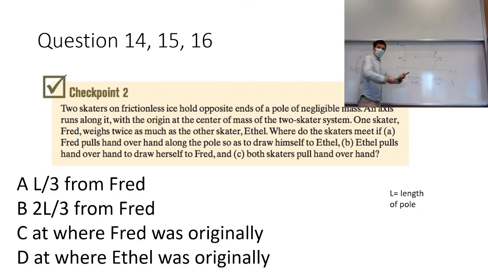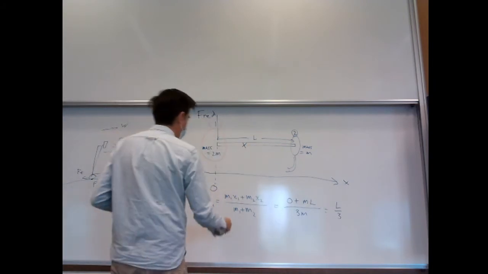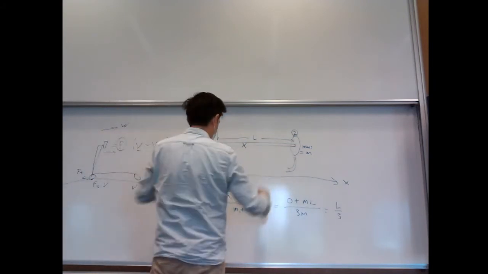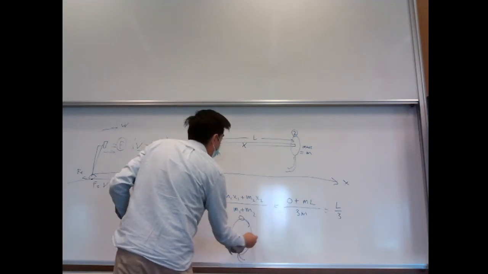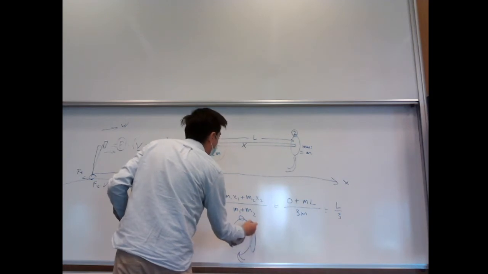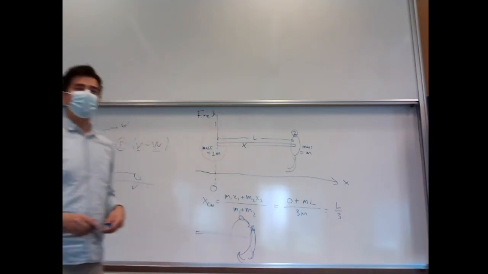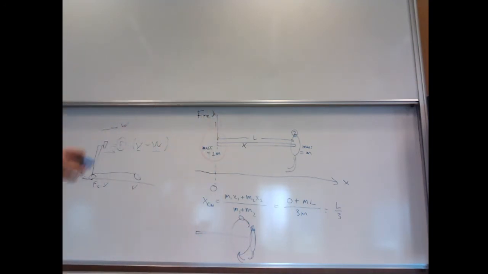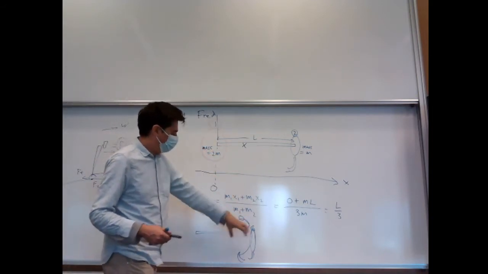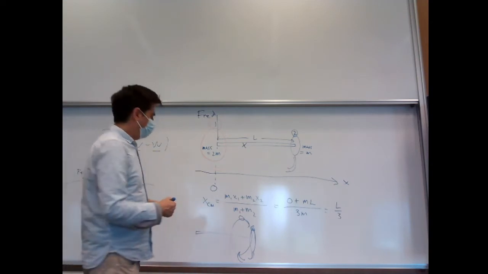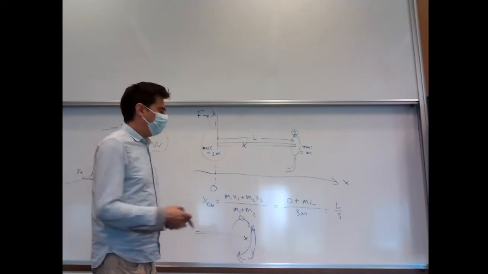So when Fred pulls along this pole here, obviously these guys are going to end up stuck together, right? So eventually it's going to be like this, and I guess the pole will be sticking out like this. But the pole doesn't really matter, it's just a way to transfer the forces. Basically these guys will be together in the same position, so their center of mass is wherever they are.